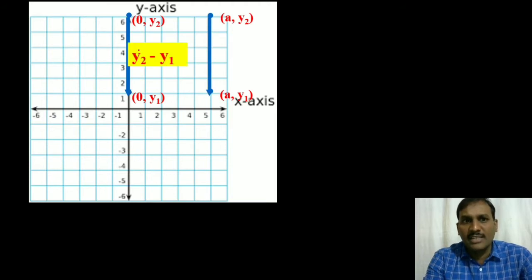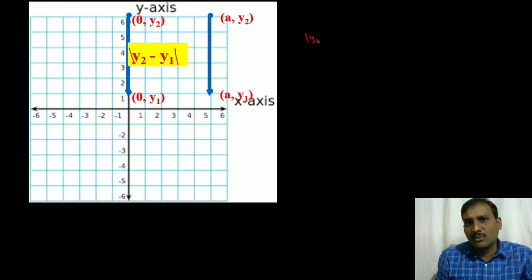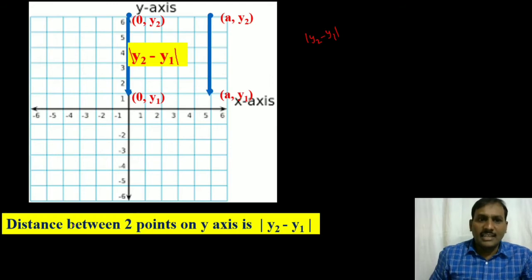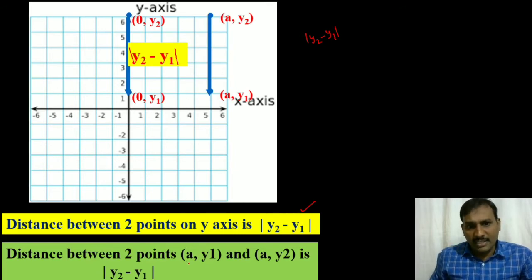The formula will be same, that is y2 minus y1, and you can take the absolute value of this, that is modulus y2 minus y1. Okay, so the formula will be like this. The distance between 2 points on y-axis is y2 minus y1, or the distance between 2 points a, y1 and a, y2 whose x coordinates are same is modulus y2 minus y1.